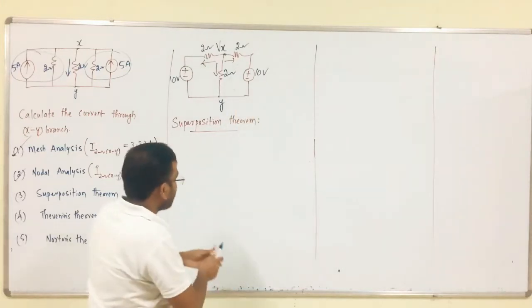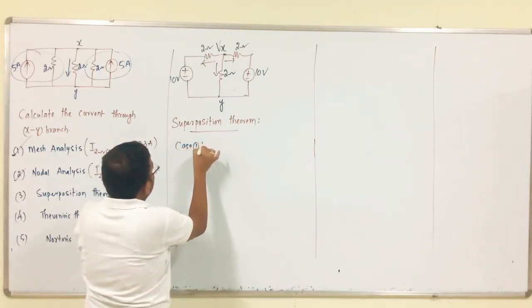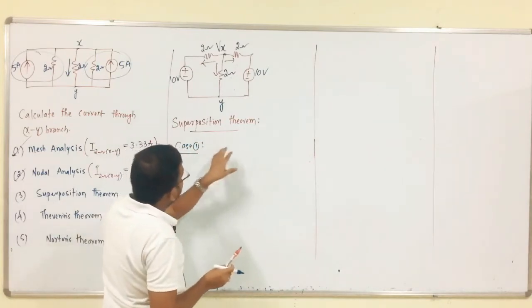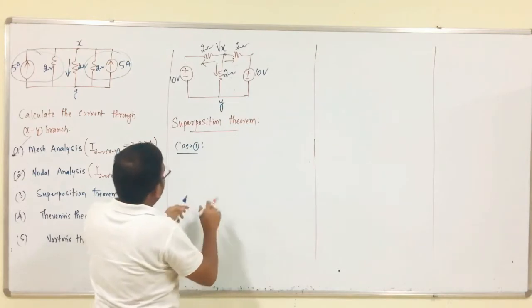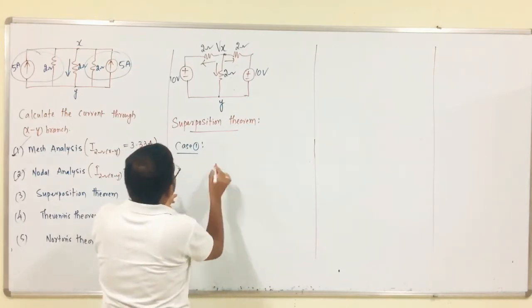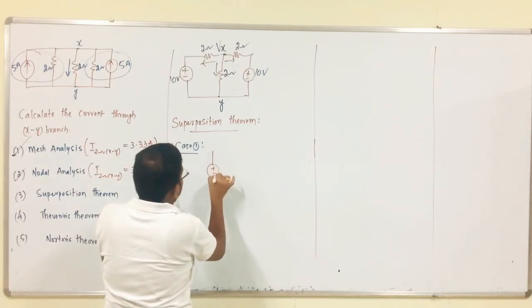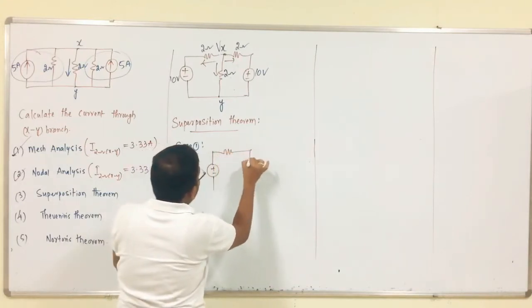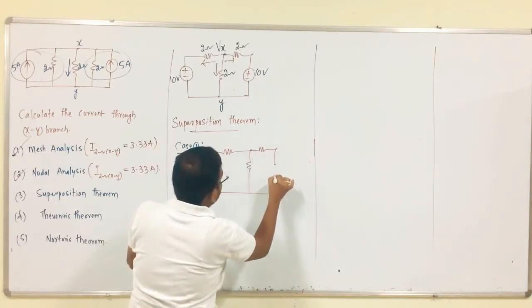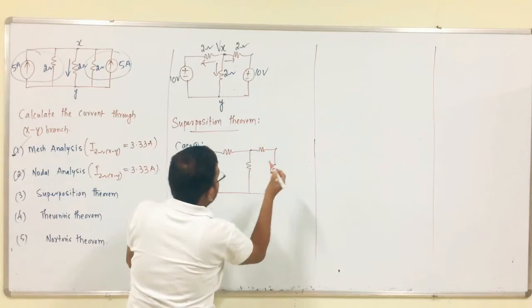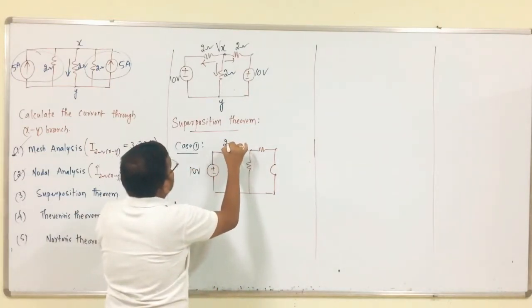Now, case 1. I am not writing anything like deactivate that source, activate that source. Directly, I am going to draw the circuit. This should be active, and the 6 ohm should be short circuited, and this is 10 volts, and this is 2.